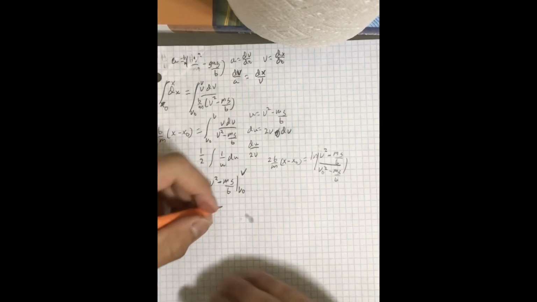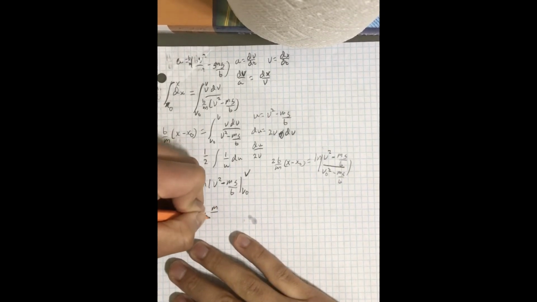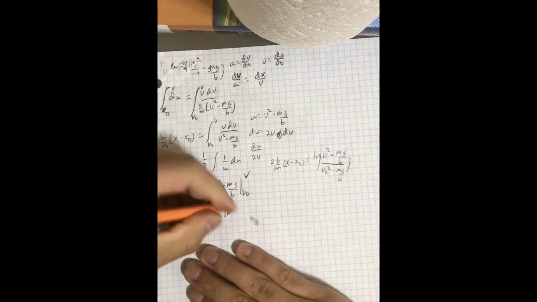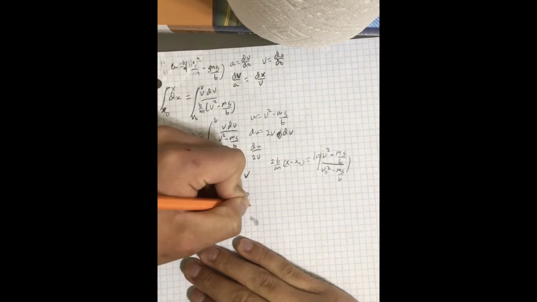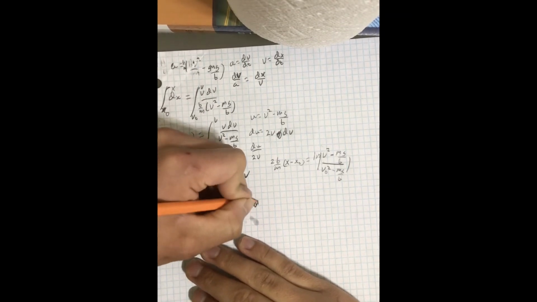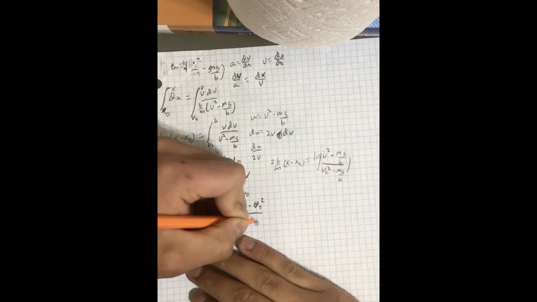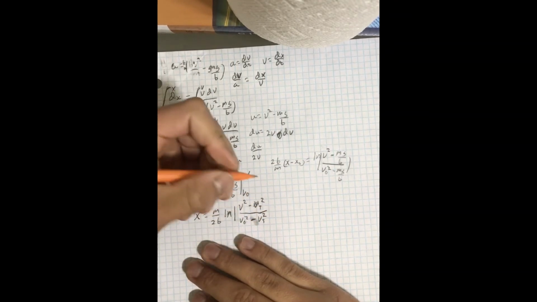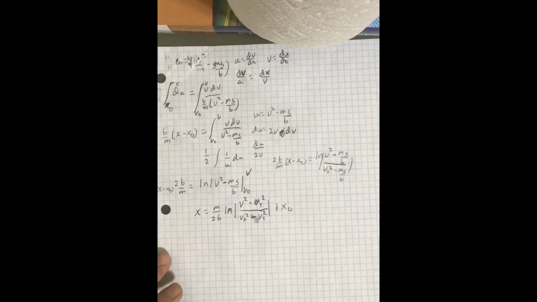So if we want to solve for x, then x is equal to m over 2b natural log of v squared minus mg over b, which we're just going to call vt squared, over v naught squared minus vt squared, plus x naught. That's going to be our initial position.